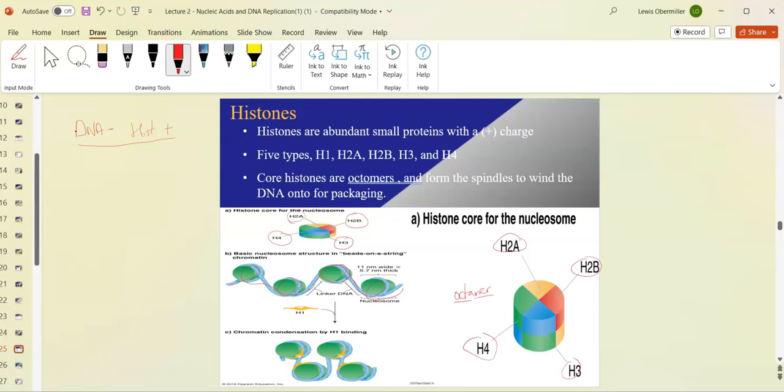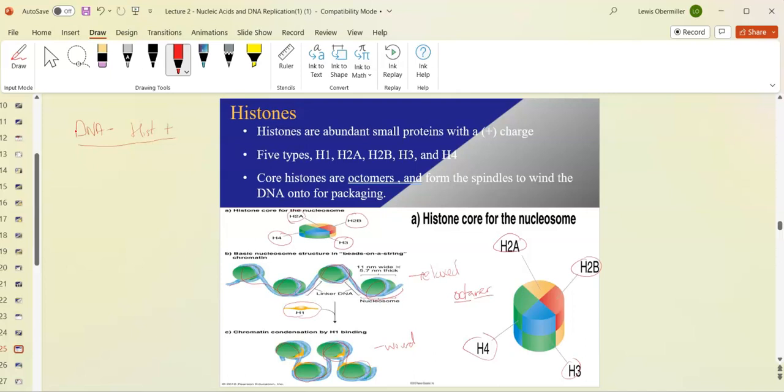And then there's another histone protein called H1 that can bind to the histones and wind them up. So this representation is showing you that this is more tightly wound DNA than this. This is relaxed DNA, and this is wound DNA.